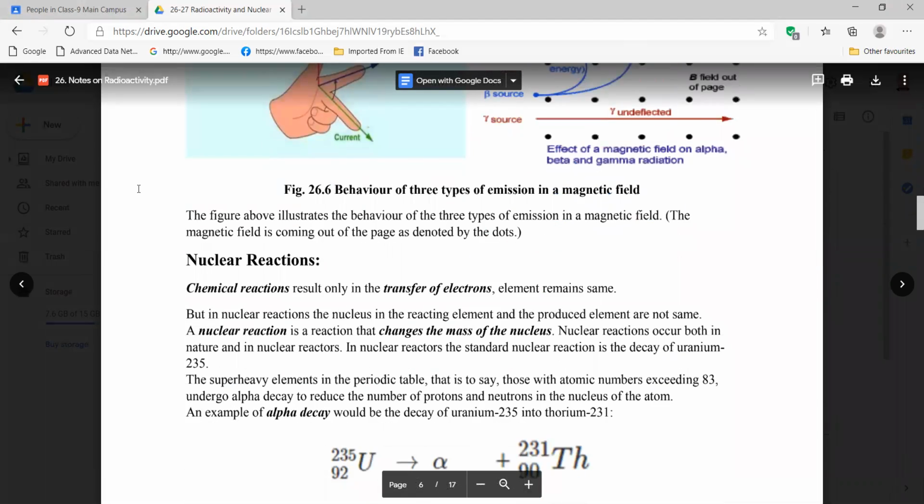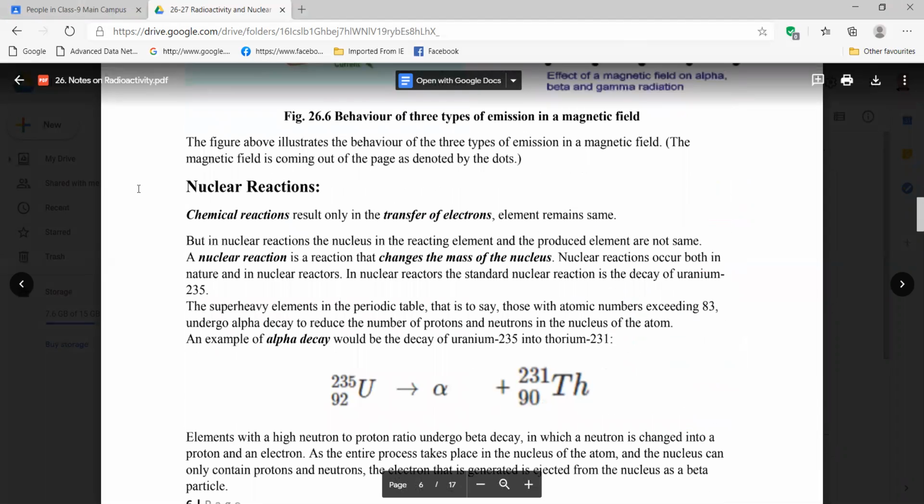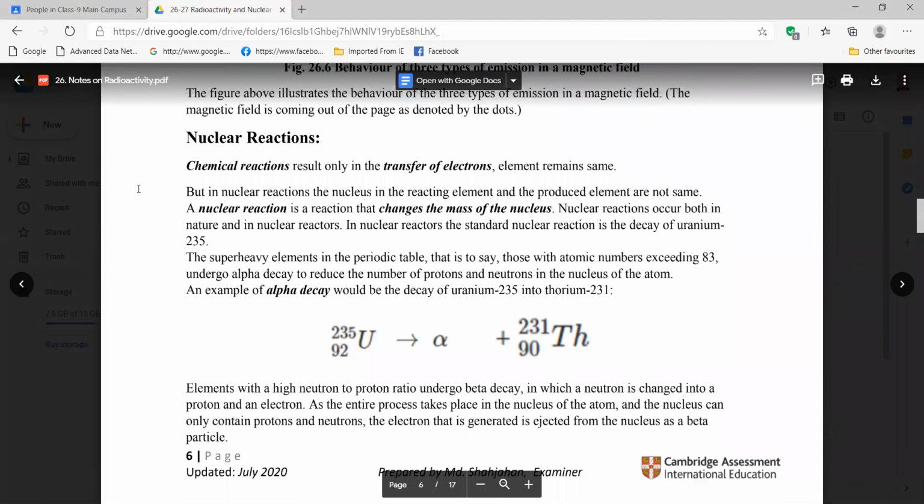Nuclear reactions. Now we have an idea of chemical reactions. In chemical reactions, what happens from the outermost shell? There is transfer of electrons, but the element remains the same, as there is no change in atomic number, since the atomic number is the main cause for changing the elements.